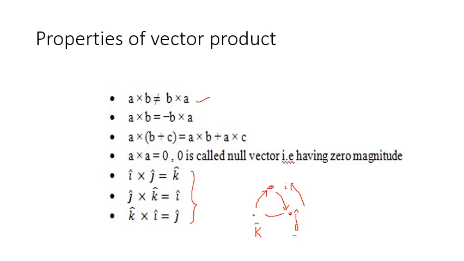What about i cross i or j cross j or k cross k? In dot product, the value will be 1, but in vector product, i cross i, j cross j or k cross k will be 0. So this is the important difference between these two.